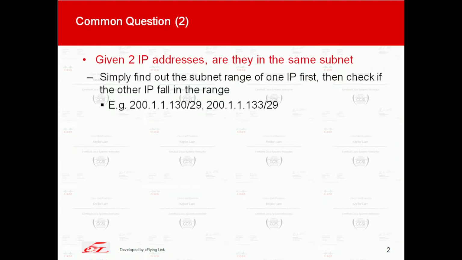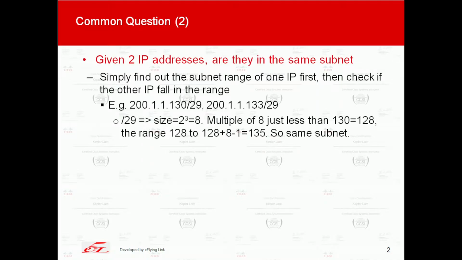The first thing is to find out the size of the subnet. So once again, we know the technique, right? Find out the host bits first. For /29, it should be 3 bits for the host bits. Then the subnet size is 8 different addresses. Then find the multiple just less than 130 first.